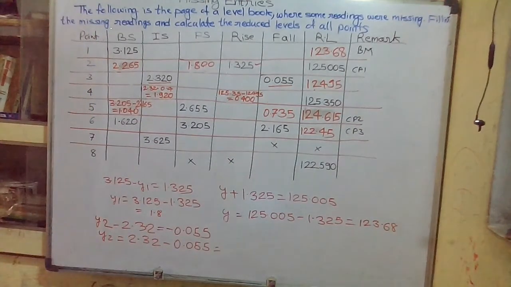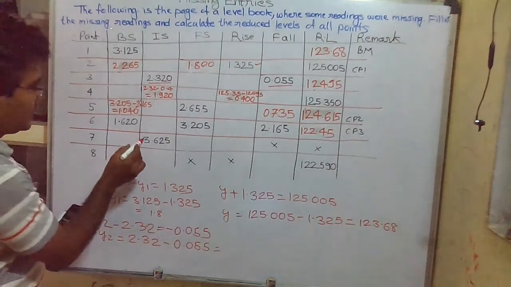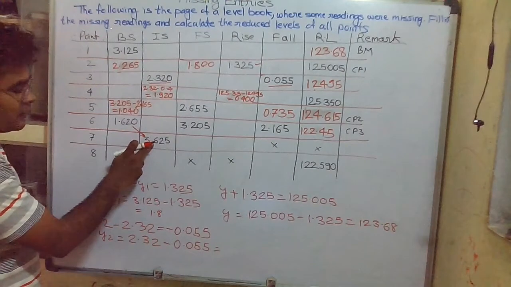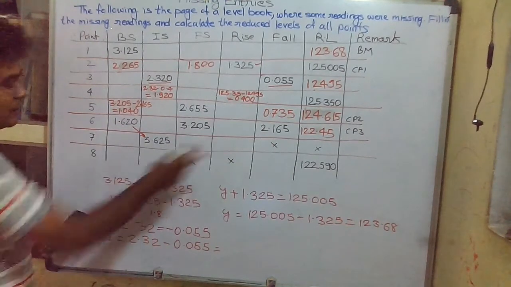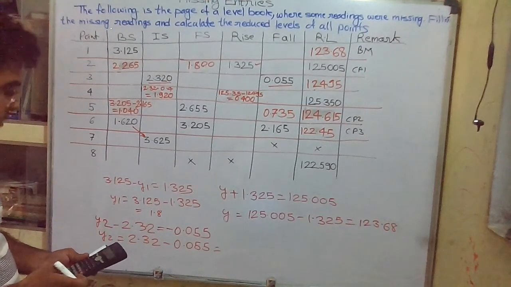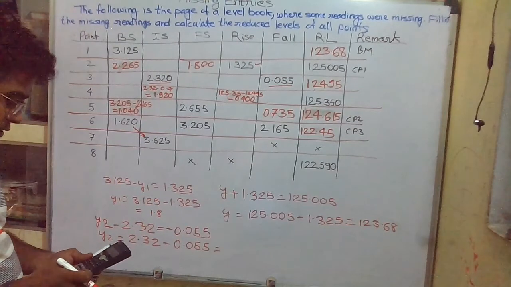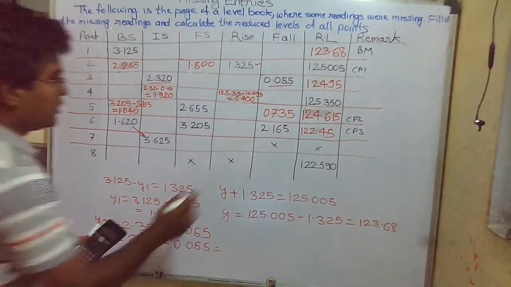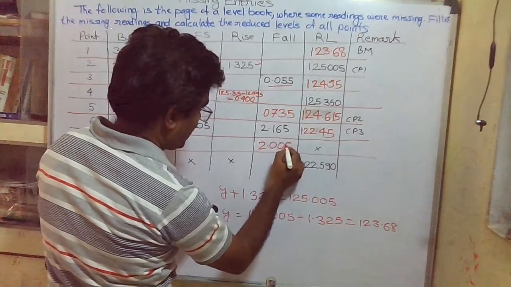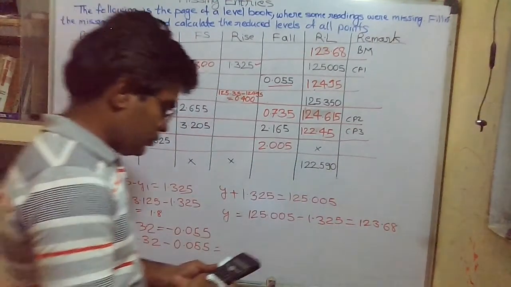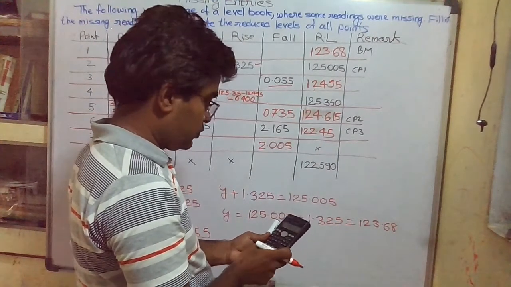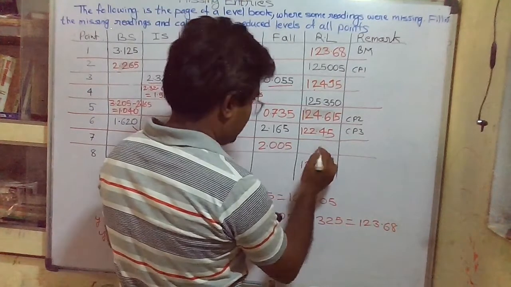We subtract 3.625 from 1.620, which gives 2.005 as the fall. And we can find our RL as usual from 122.45. We are getting 120.445.